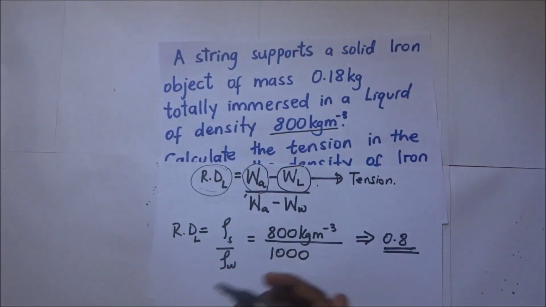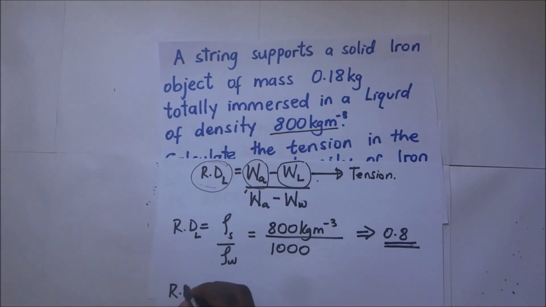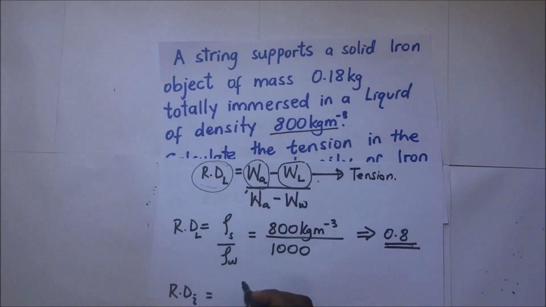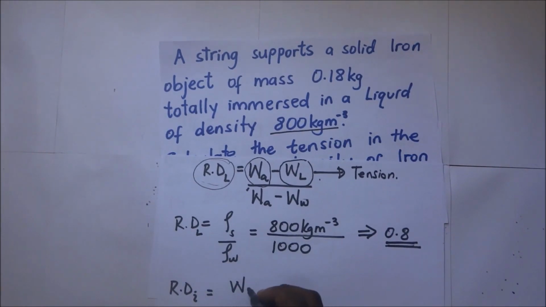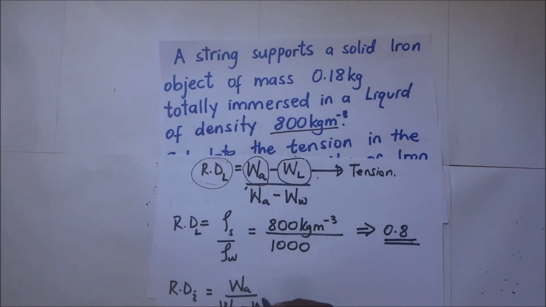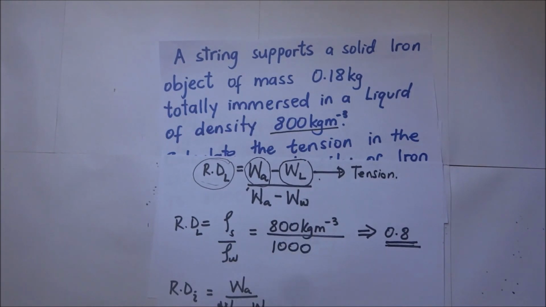Let me call it the relative density of the solid ion. It is going to be equal to the weight of the solid ion in air, divided by the apparent loss, which happens to be the weight of the solid in air minus the weight of that same solid ion in water.